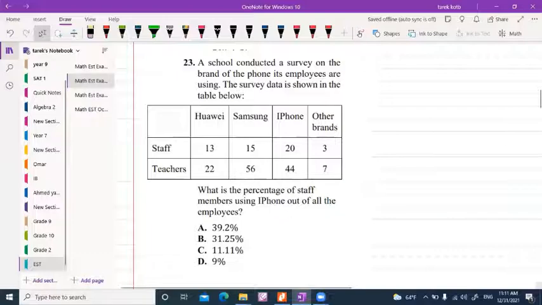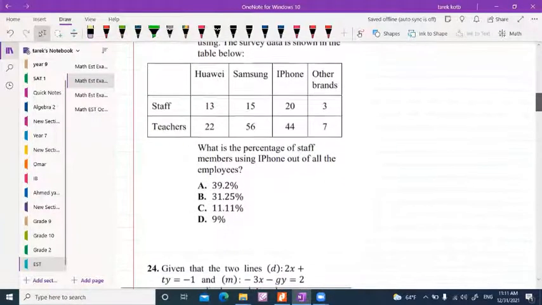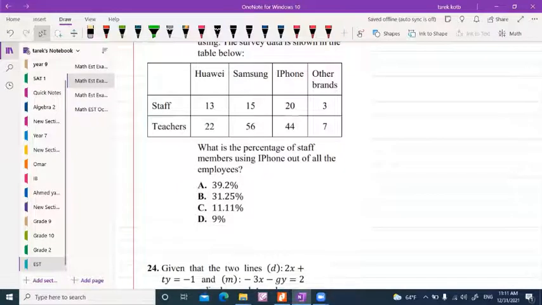If you add all the numbers of the company, you will get 152. This is all the members. And he's asking about the staff who are using the iPhone.